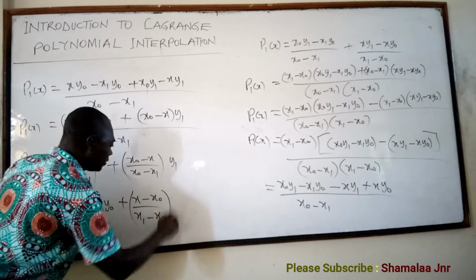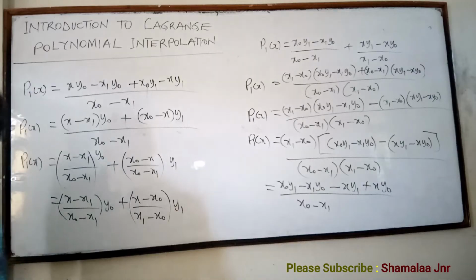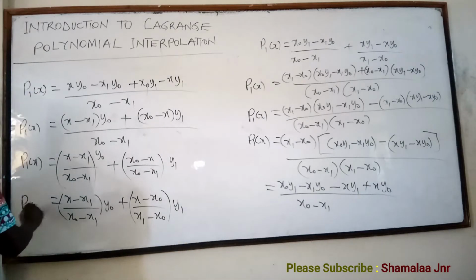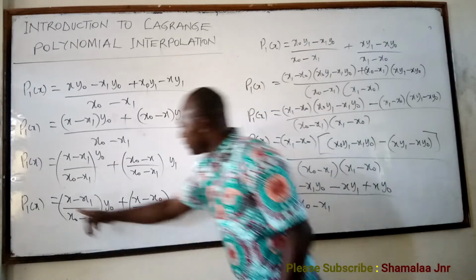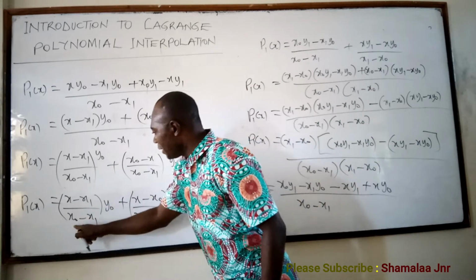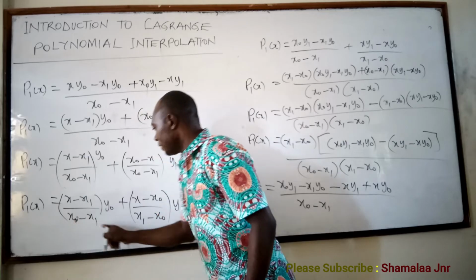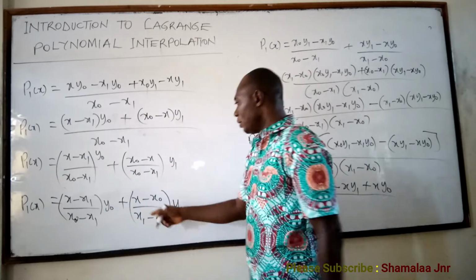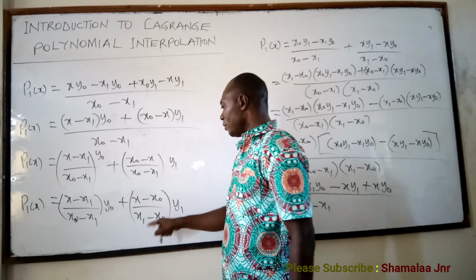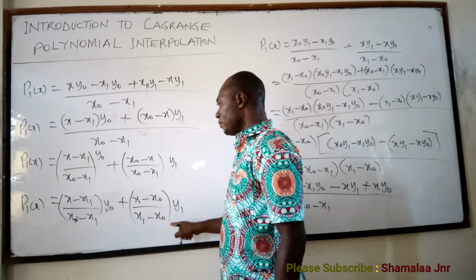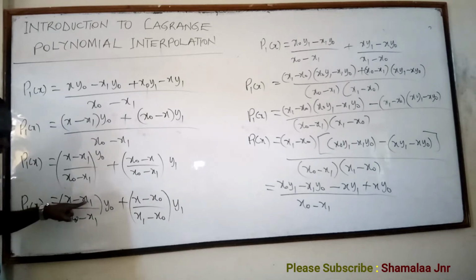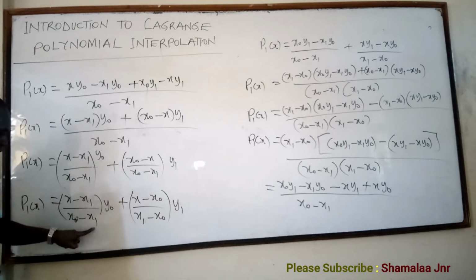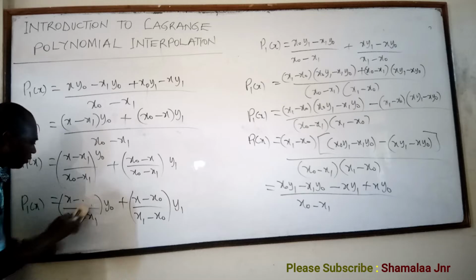I've already explained this. It's not difficult at all. So we have p1 of x being equal to this. Now, you see, this is x minus x1 over s0 minus x1 times y0. And then x minus s0 over x1 minus s0. So look at it, you can see that in here, this is x. This is 1, x1, x1. Let me write the x1 well.